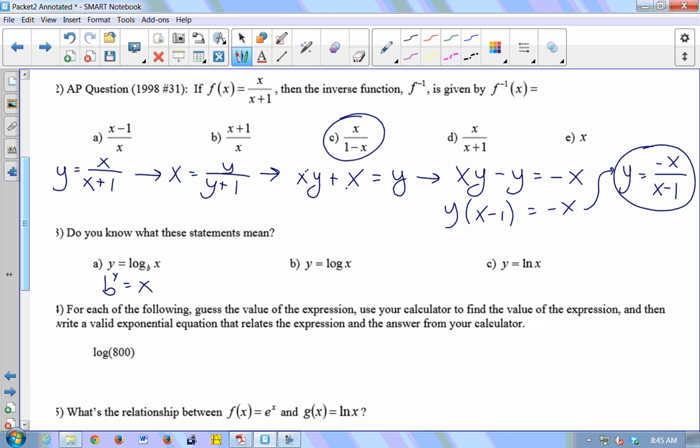How about y equals log of x? Ten to the y equals x, yeah. And y equals ln x? Yeah, e to the y equals x.